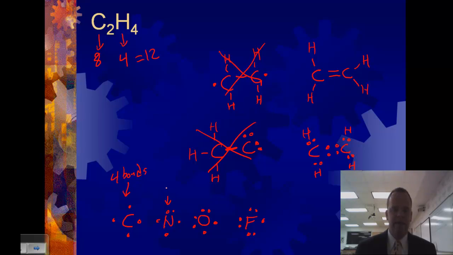Something in the nitrogen family has 5 valence electrons. It needs to gain 3 more, so it will usually form 3 bonds. Oxygen has 6, so it will usually form 2 bonds. And the halogens usually will form 1. Now this is not always the case, but is usually the case. And you can see here, each carbon has 4 bonds, each hydrogen has 1.